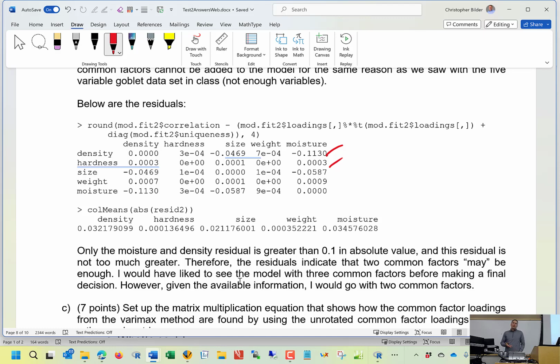And so with that, I could justify that 2 common factors probably will work fine. It's not perfect, though. And so that's what I was looking for in that particular problem.